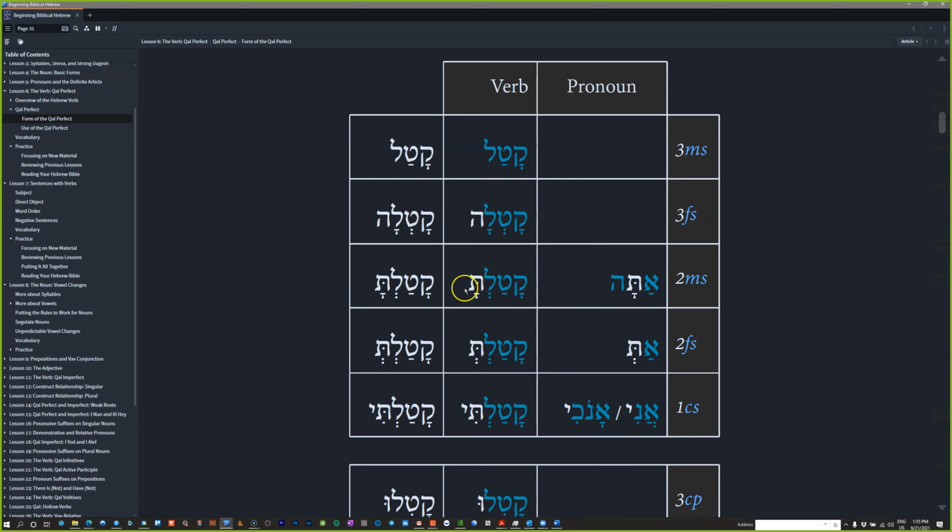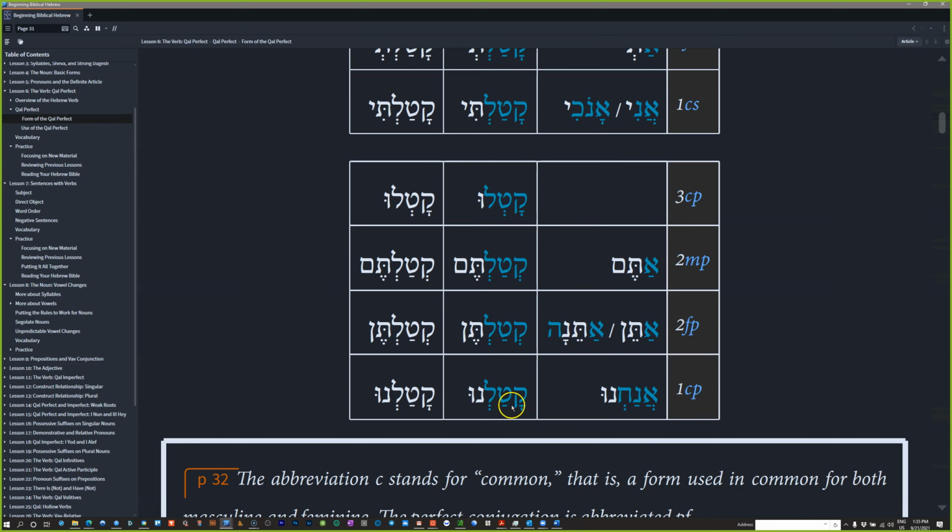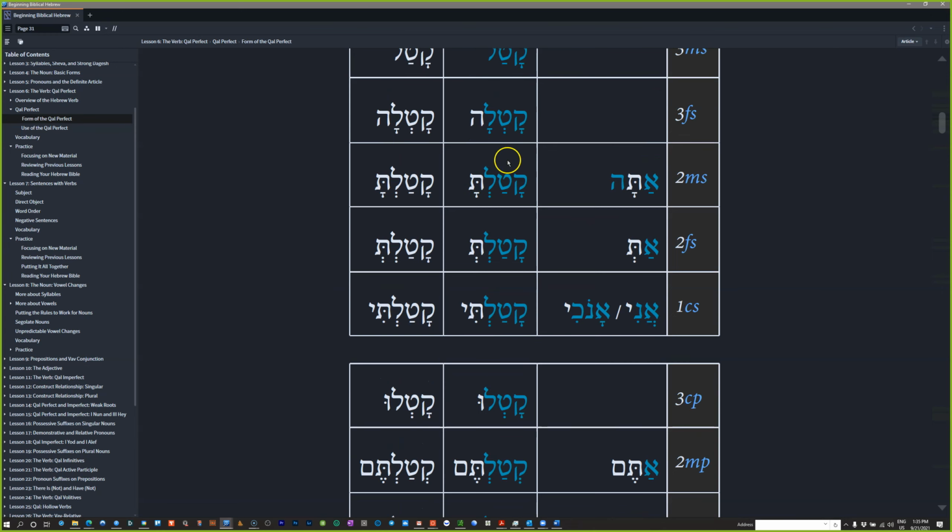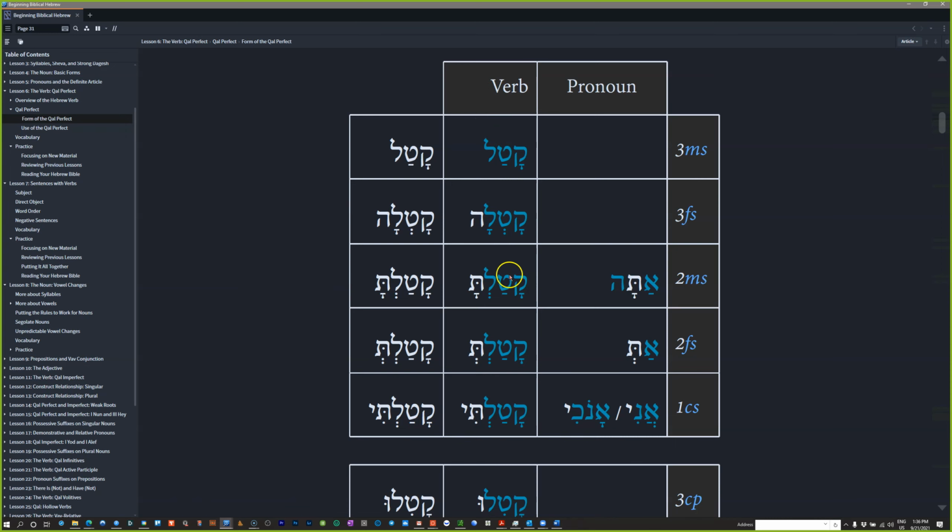All right, and so that's what Hebrew does. The accent shifts over here when you have this consonantal suffix. And so for katalta, katalt, and katalti, and even katalnu, this is another consonant suffix. For those, the accent is on the second to last syllable instead of the final syllable.